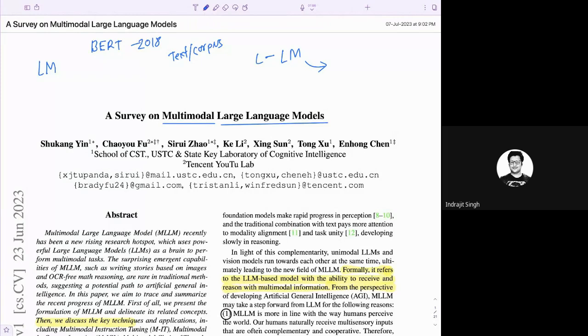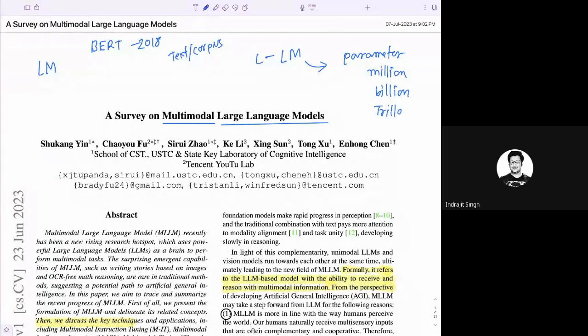Now the term large comes into picture when you are talking about a huge number of parameters, right? From parameters in millions, you are going to billions and even trillions, right?